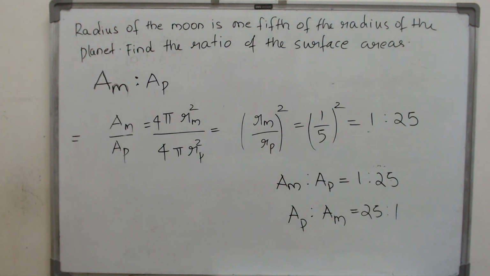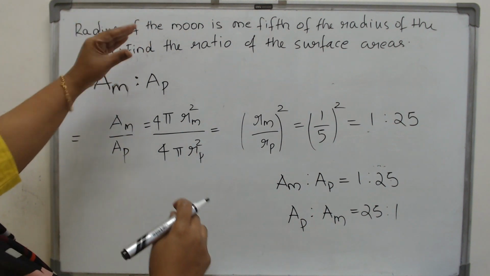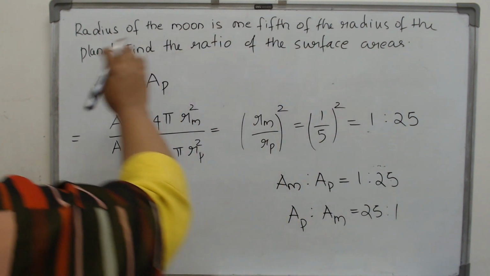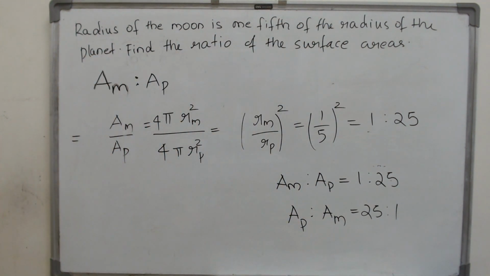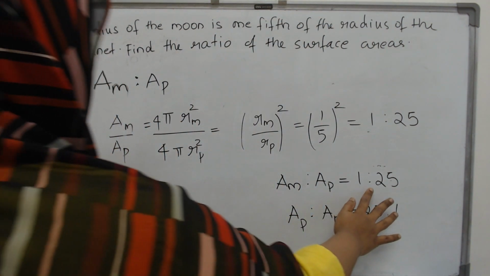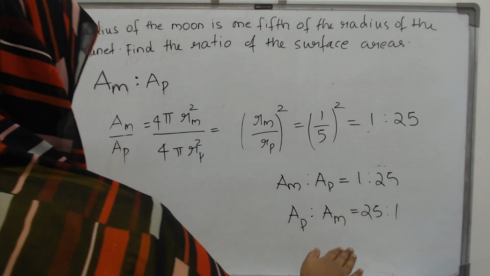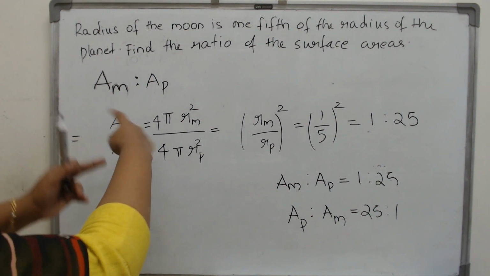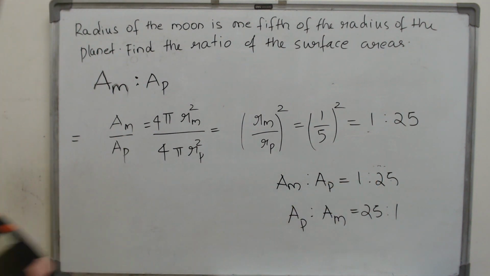What does that mean? If the radius of the moon is 5 times smaller than the radius of this planet, then the area of the moon is 25 times smaller than the area of this planet. That is what it means, and that is one thing you have to remember about the ratio. Do not change the order. So make sure you get your orders right.